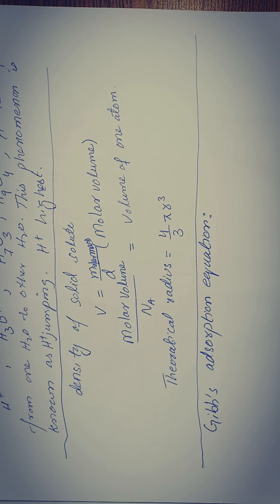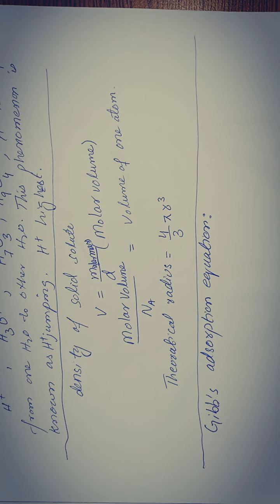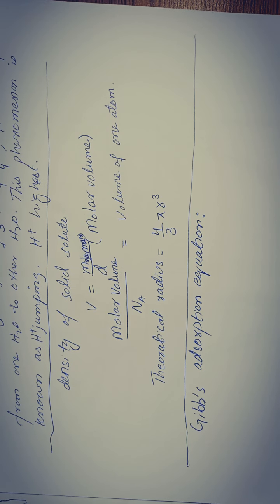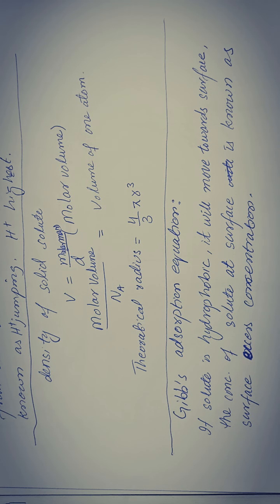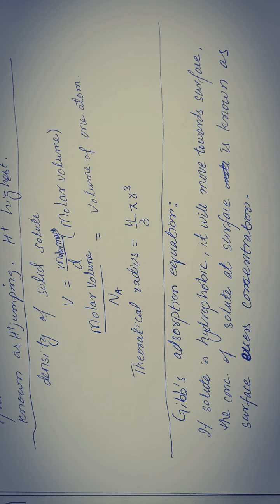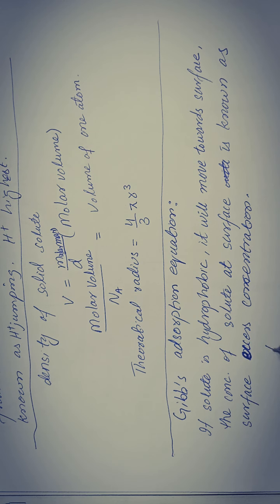Now let's see how we can calculate the radius of solute particles using Gibbs adsorption equation. This equation gives the value of hydrodynamic radius for the solute that is hydrophobic. So if the solute is hydrophobic, it will move towards the surface, and the concentration of solute at surface is known as surface excess concentration, and the mobility of ion at surface is known as ionic mobility.